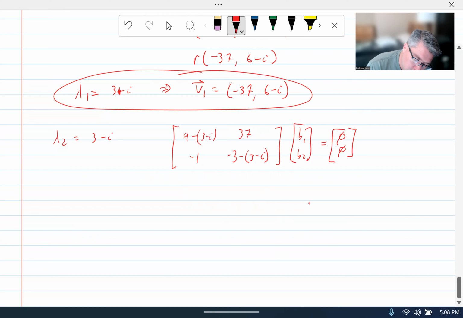Okay, so this is going to be 6 plus i this time. So this is 6 plus i, negative 1, 37, and this is negative 6 plus i. Let's create the augmented matrix. So let's augment that with 0, 0.